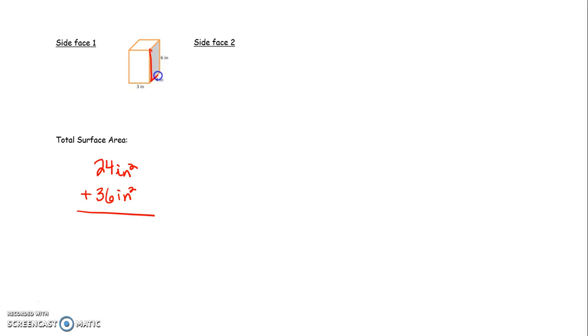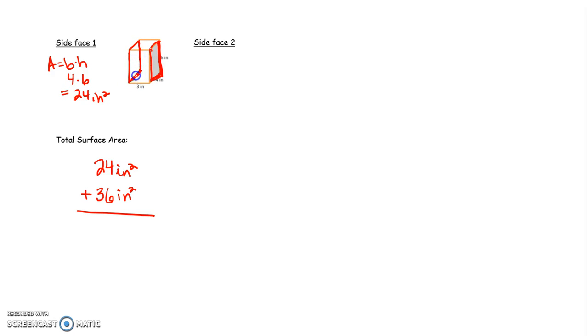So for the area of each side face, if I outline this side face, I can see 4 by 6 are the dimensions of that side face. So the area of the side face, base times height, is going to be 4 by 6, which is 24 square inches. If I draw in my other side face, that's also 4 deep and 6 high.